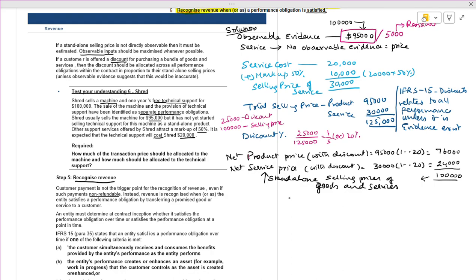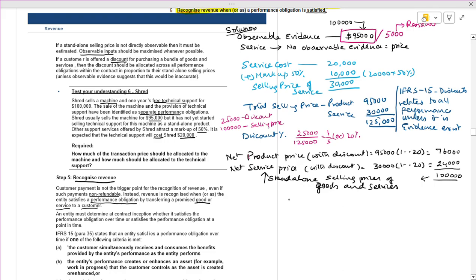Instead, revenue is recognized when the entity satisfies the obligation. The performance obligation has to be satisfied by transferring the promised goods or services to the customer. Then only it will happen. I cannot say that I have taken money and that money is a revenue for me.